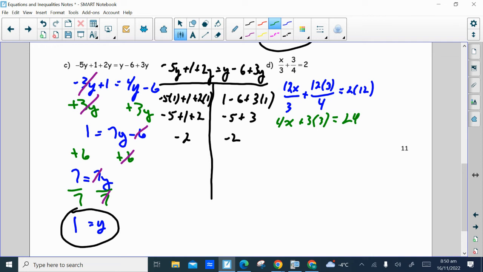Okay, so now you've got 4x plus 3 times 3 is 9 equals 24. Now we'll subtract the 9 from both sides. Before we can get x by itself, we have to get the 4x by itself.